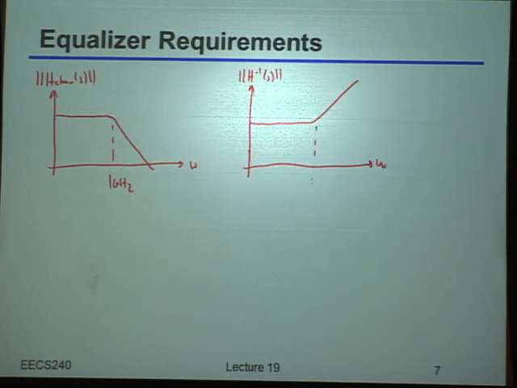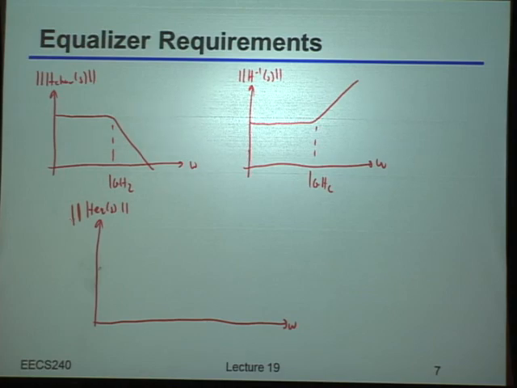And if we want to look at what a real equalizer will do, I'm going to argue it's going to look something like the following. So let's just call that H EQ of S. Again, of course, I'm looking at the magnitude. As we said before, at DC, the gain is kind of arbitrary. We can decide whatever we want it to be based upon how much swing we actually want coming out of this thing.